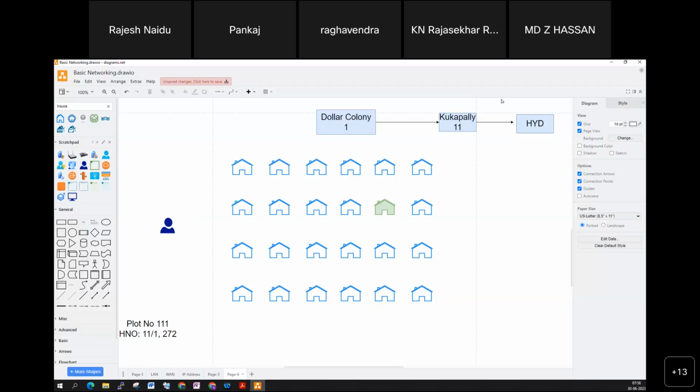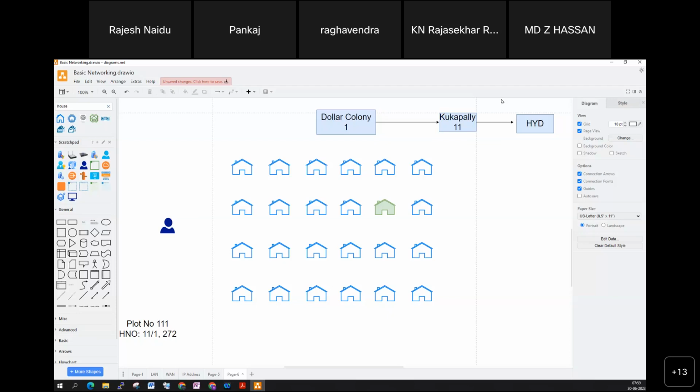I never checked with the GHMC. Maybe 11 is Kukatpally, and 1 is Dollar Colony. I don't know. I just created a small story. Is my story understandable or not? Maybe if you are already experienced in how the government does plotting, I really don't know. Frankly, I'm telling you, I just created a small story in my own way.